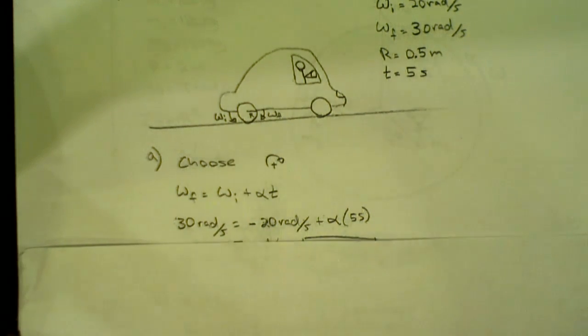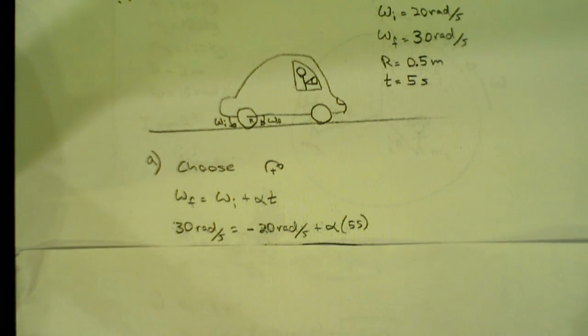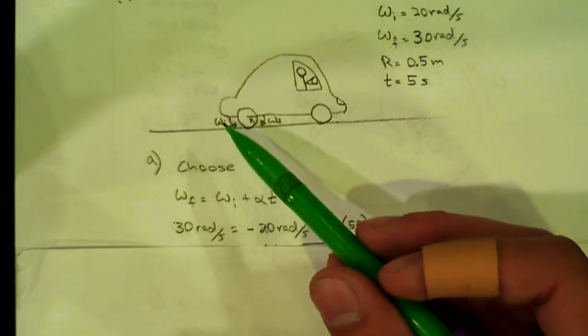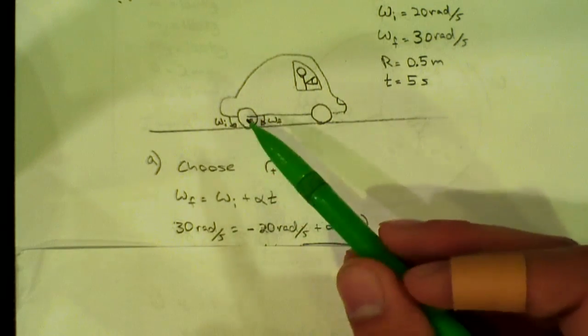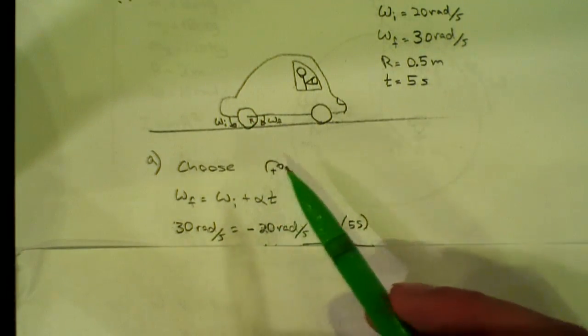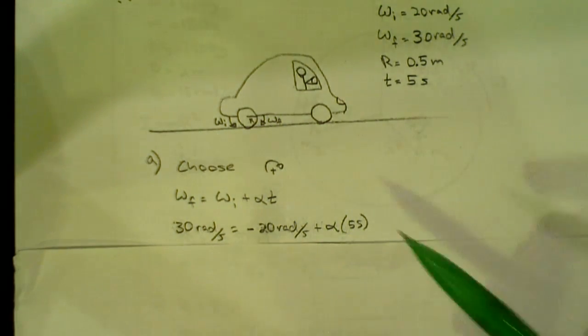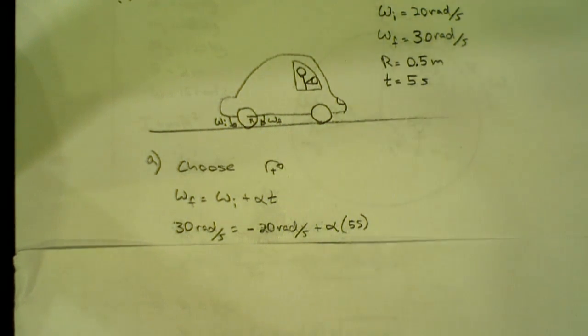The reason for this is because it's in the opposite direction of the positive direction that we chose initially. So the angular velocity initially is in the counterclockwise direction, which is opposite of clockwise, so it's going to be negative. Then we also have the plus alpha t, and the t is 5 seconds.